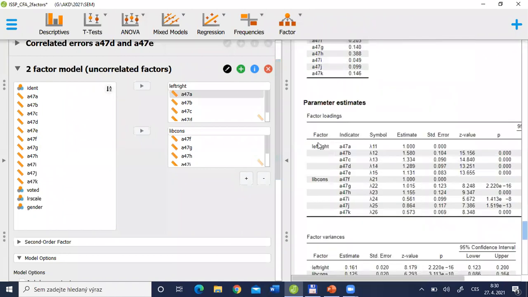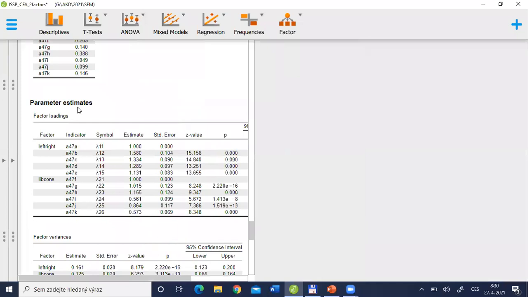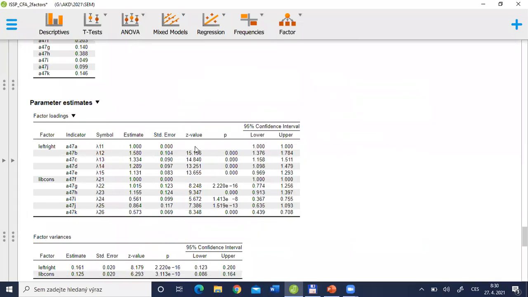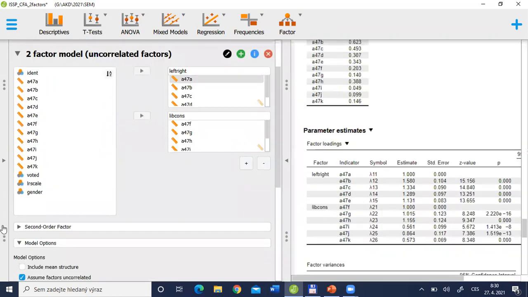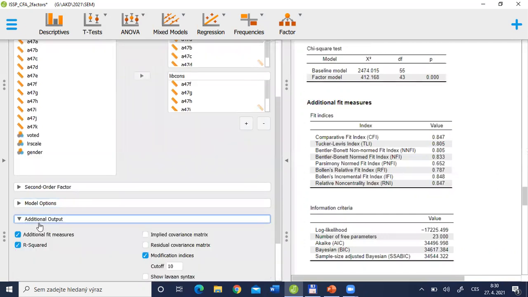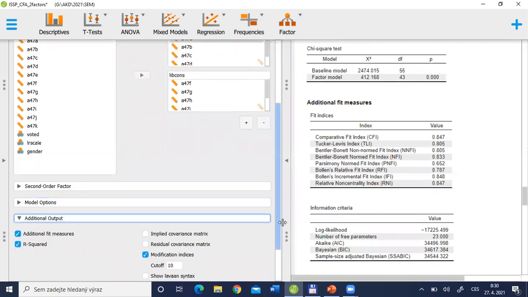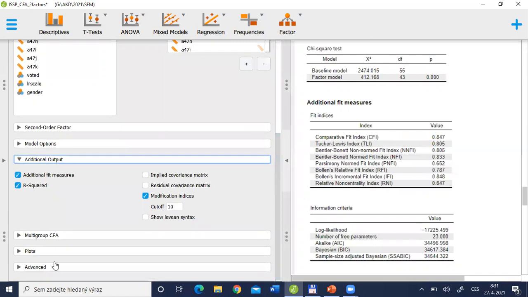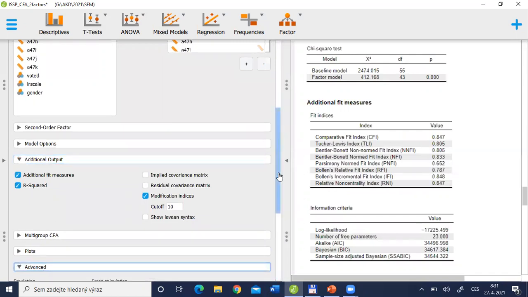And if I go to the table of parameter estimates, and especially if I ask for standardized estimates, they are not present here. So if I go down for additional output, I guess, no, it's for advanced, sorry for that.